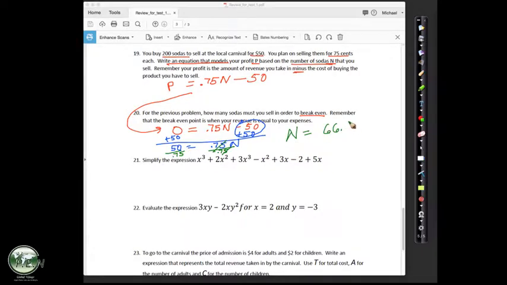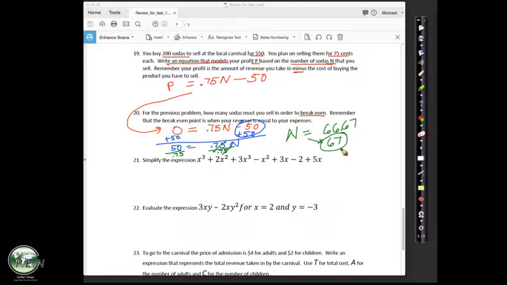I did 67 because you can't sell 66.67 cans, so I rounded it up to 67. Yeah, you don't sell part of a can. You can't say, here's your 2/3 of a can of soda. I broke even now. So round it up to 67 would be best.